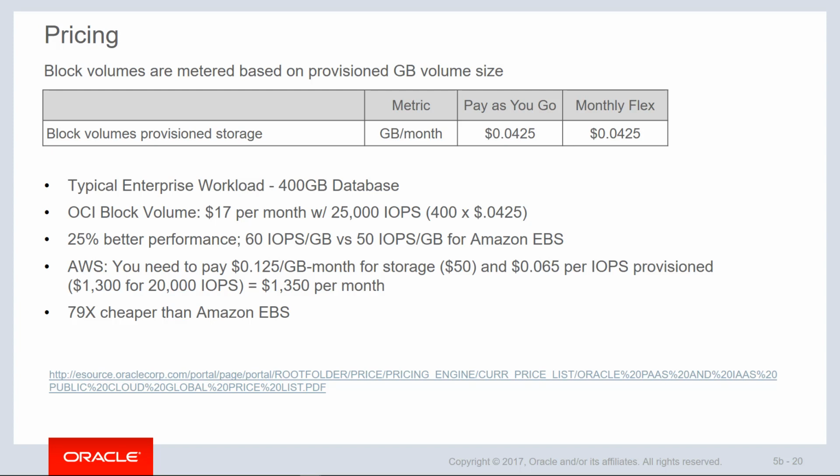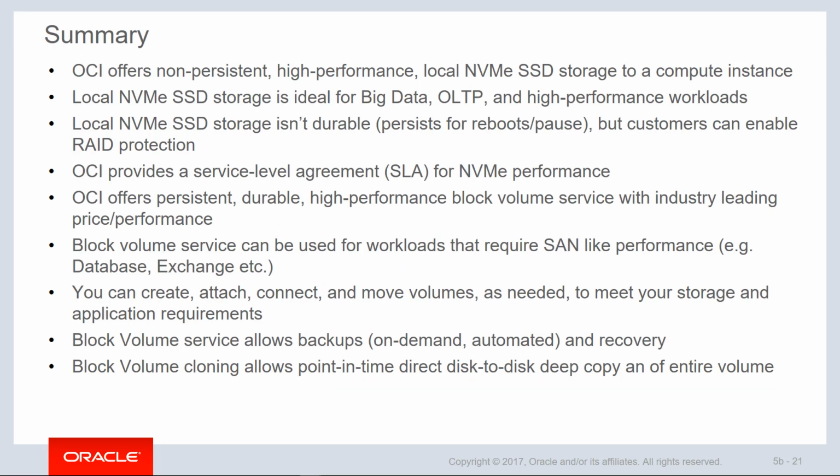So in this example, for a 20,000 IOPS drive at 400 gigabytes in size, the customer would be paying $1,350 per month with AWS. That means the same or better performance and similar storage on OCI is 79 times cheaper than it would be on AWS using their elastic block storage.